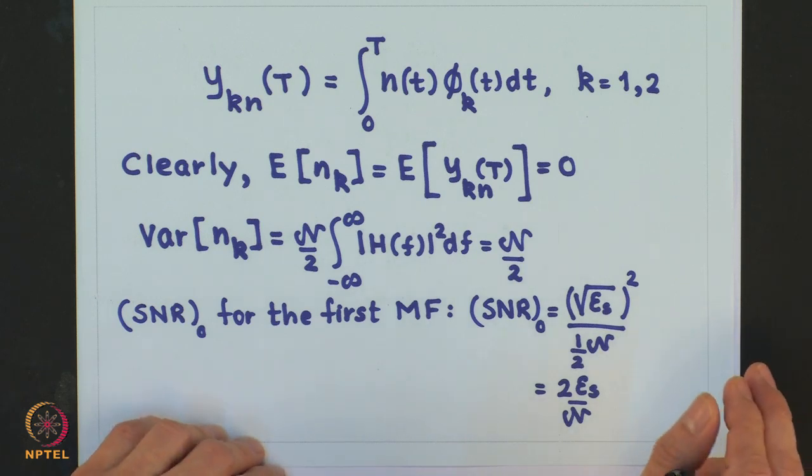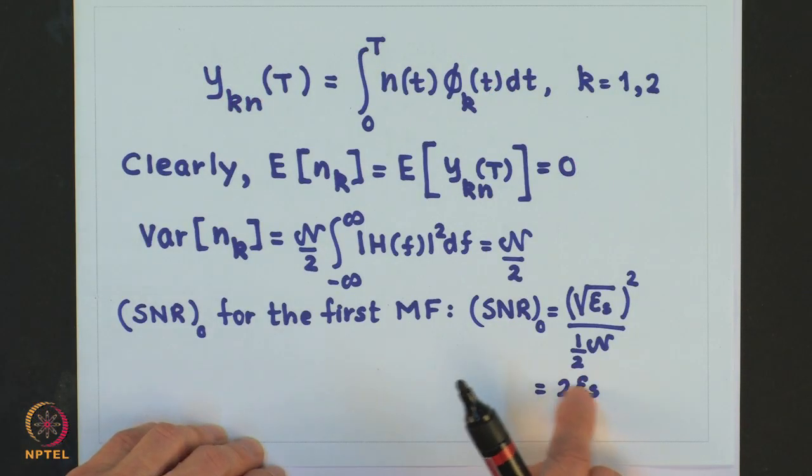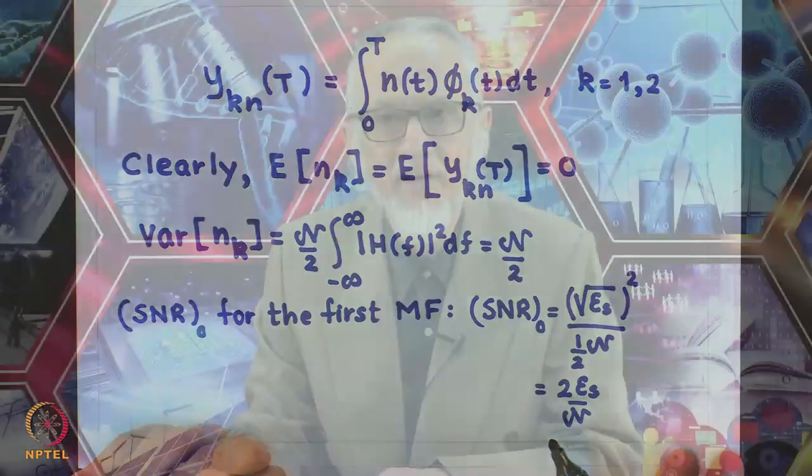We have said that the maximum value of the signal to noise ratio at the output of the matched filter is twice the energy of the signal divided by N0. So, this agrees with what we derived earlier for the maximum signal to noise ratio at the output of the matched filter when sampled at t equal to capital T. Okay.